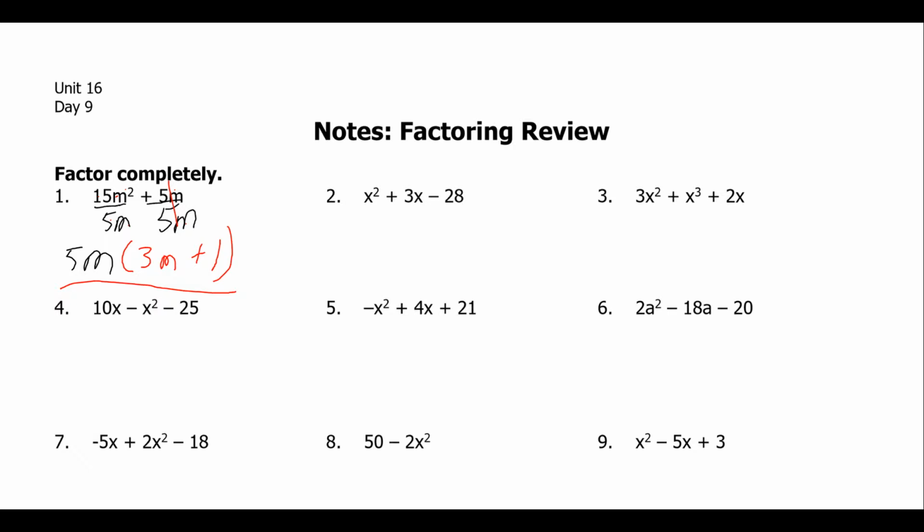Alright, next problem. This is one of those problems where a is equal to 1. So, what we need to do is we need to look at this last number in the sequence here. We need to look at negative 28. Now, riddle me this. What multiplies to give us negative 28 but adds to give us positive 3?